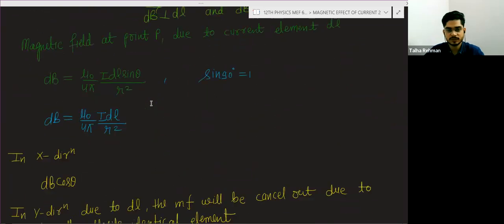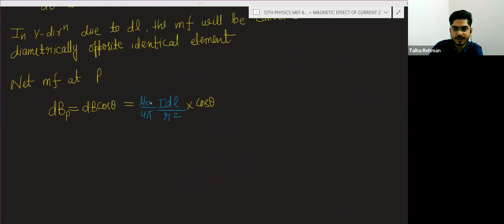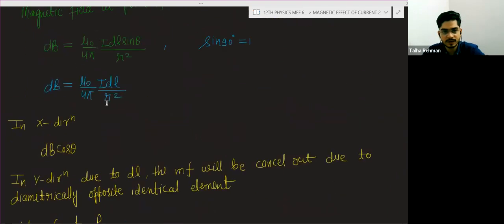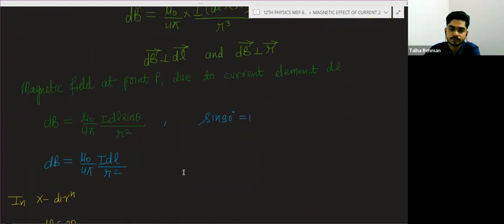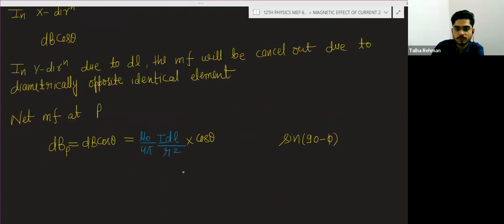You will write here sine 90 minus phi, and you are taking this triangle. This point is P, O, Q. So you are taking this triangle POQ. So triangle PO.